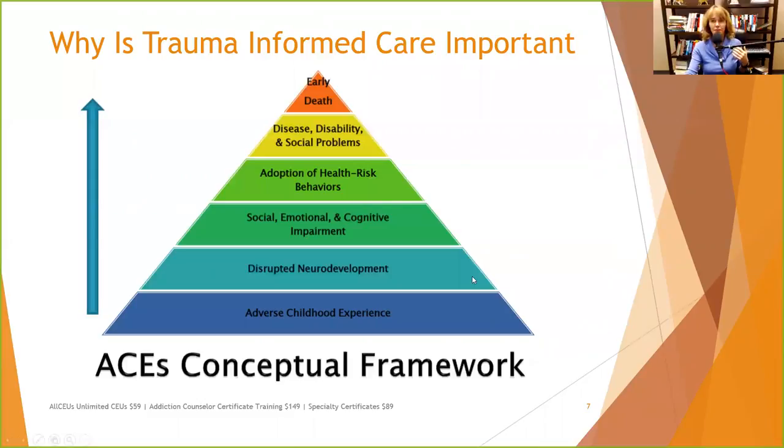There's social, emotional, and cognitive impairment, because a lot of times kids have difficulty figuring out how to deal with this stuff. There's an adoption of health risk behaviors, smoking, drinking, overeating, disease, disability, social problems, and early death. And they found that the greater the number of adverse childhood experiences, the greater the likelihood that someone is going to climb this pyramid.